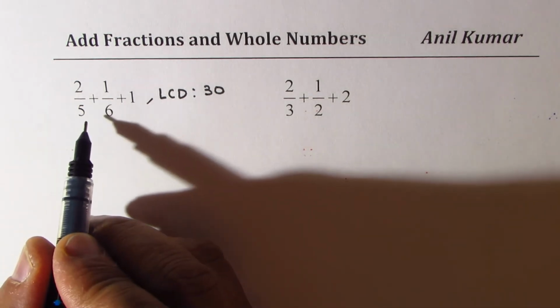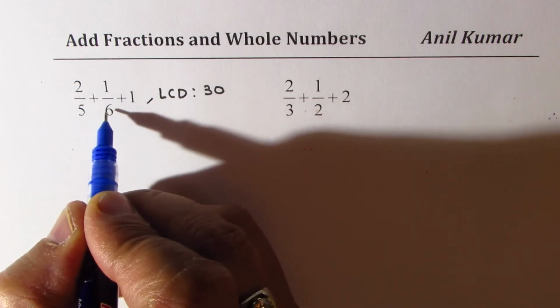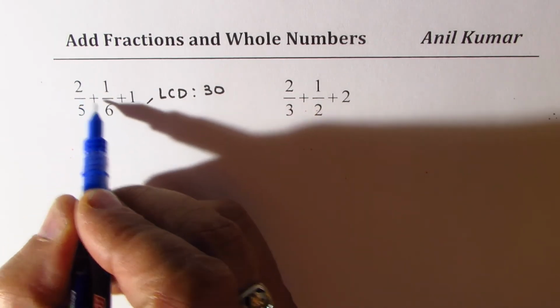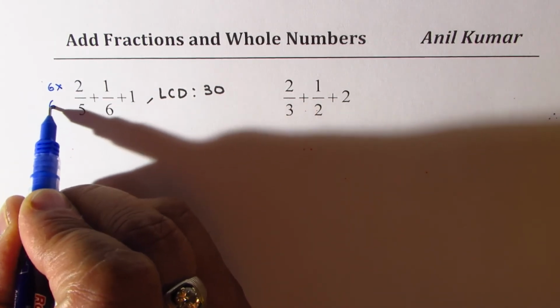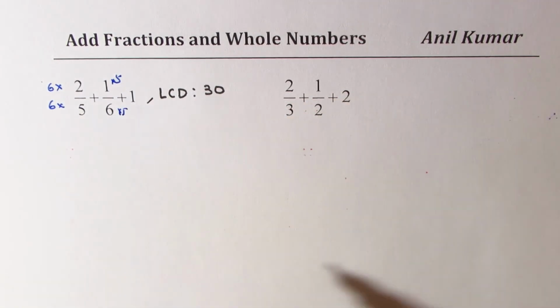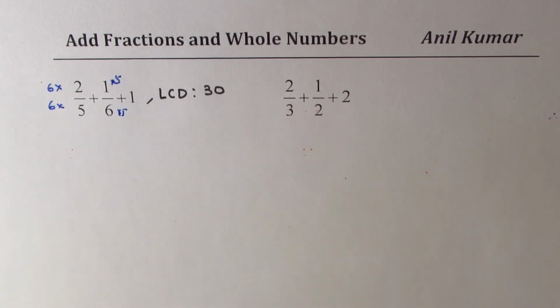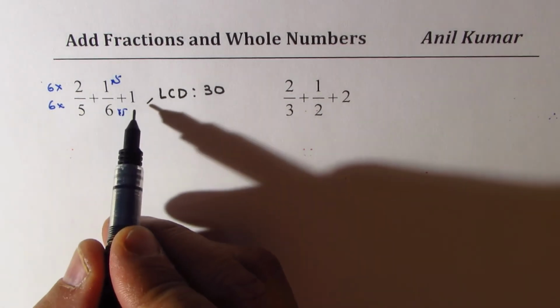So what we could do here is we can multiply these two by 6. We say cross multiply also. We could multiply this by 6 and these by 5, correct? We can add 1 later, right? We'll do this time like that. We'll add 1 later.